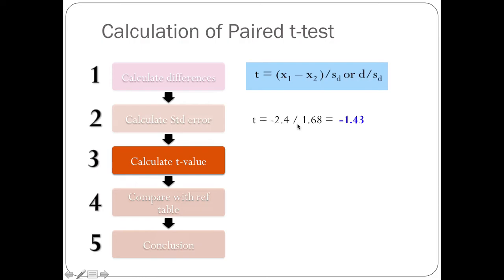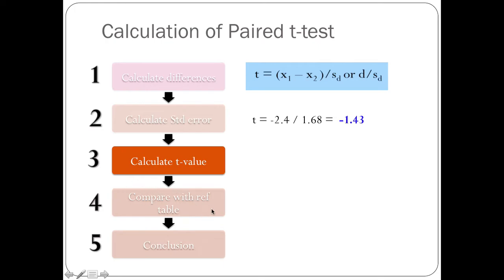So your answer is negative 1.43. So this is your calculated t value.